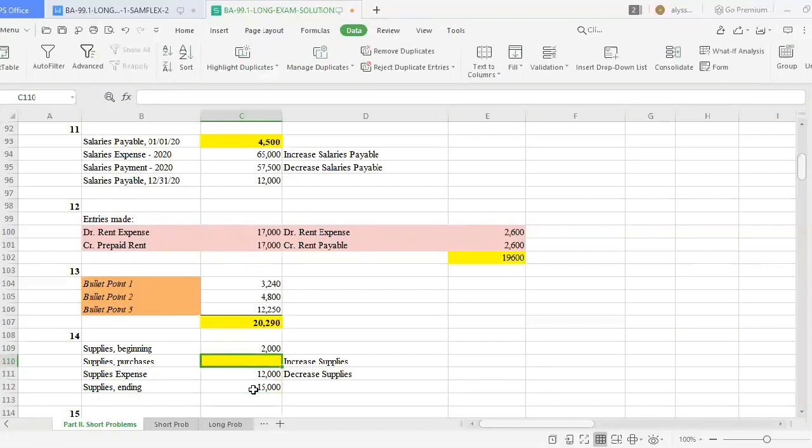Again, to compute supplies purchased, we squeeze it. So to get the value, we reverse. So supplies ending, plus the decrease, supplies expense, we add it back, and then we subtract the beginning. So the correct answer is 25,000 of supplies were purchased during the year.